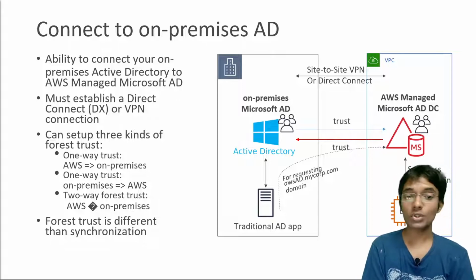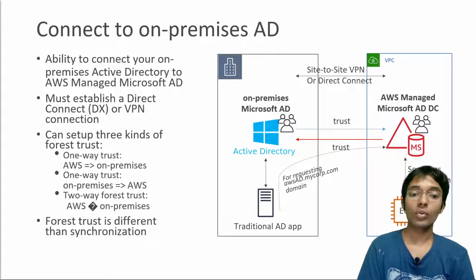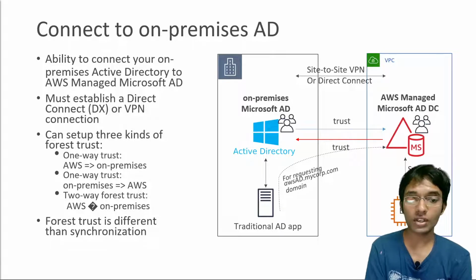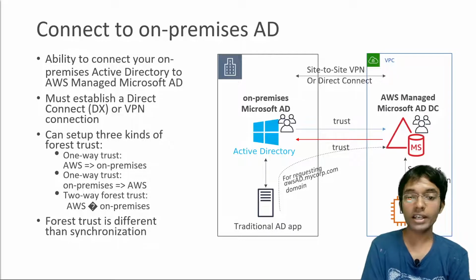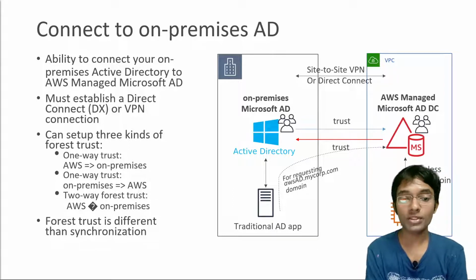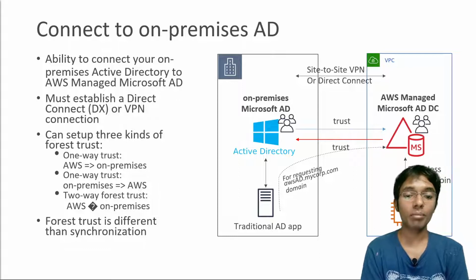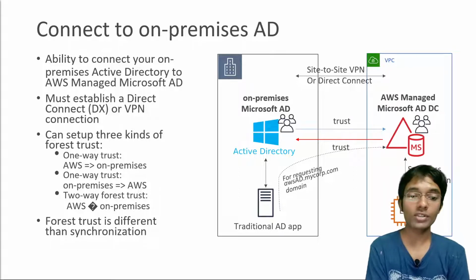You are able to connect your on-premise AD to AWS managed Microsoft AD, and for this you need to set up a Direct Connect, which is going to be DX in this course, or a VPN connection between the two. So we have your on-premise and your VPC, and we have set up a connection between these two, and so we have our on-premise Microsoft AD, which manages its own users on-premise, and you have AWS managed Microsoft AD, which is also managing its own users on AWS.